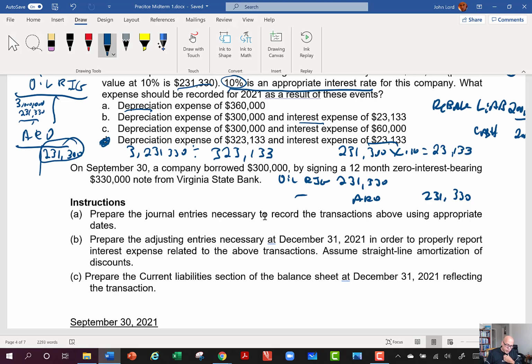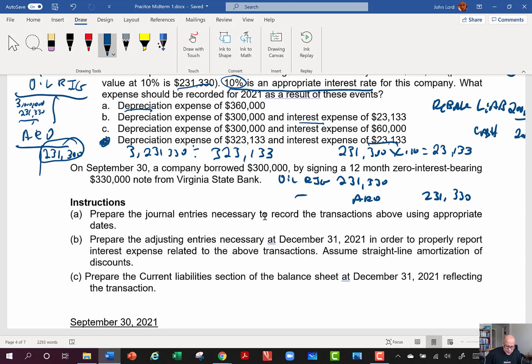You can get partial credit on these, but they constitute more of a full-blown problem, kind of like a simulation type problem that you might see on the CPA exam. So I'd give a total of 20 points, but just like on the CPA exam, you can get partial credit if you don't get everything perfect.